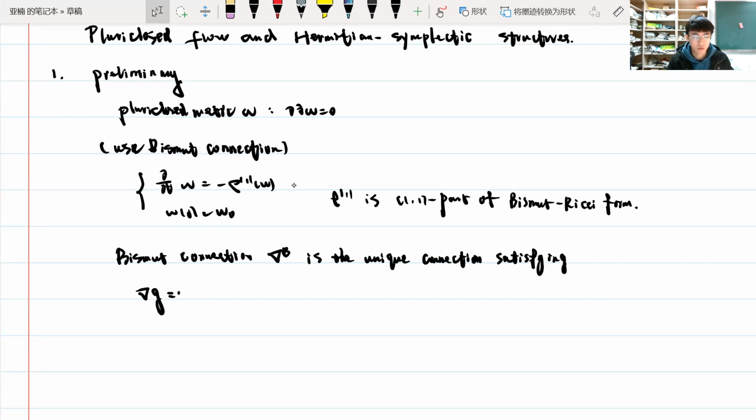That is, it is the Hermitian connection, and the tensor induced by torsion is a 3-form.